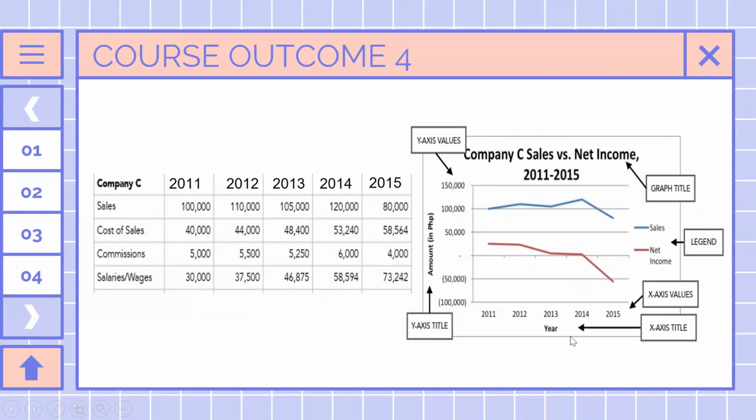And the x-axis title is the year. And 2011 to the year 2015 are the x-axis values. So here in the legend, you can see two different colors. The blue line represents the sales, while the red line represents the net income.